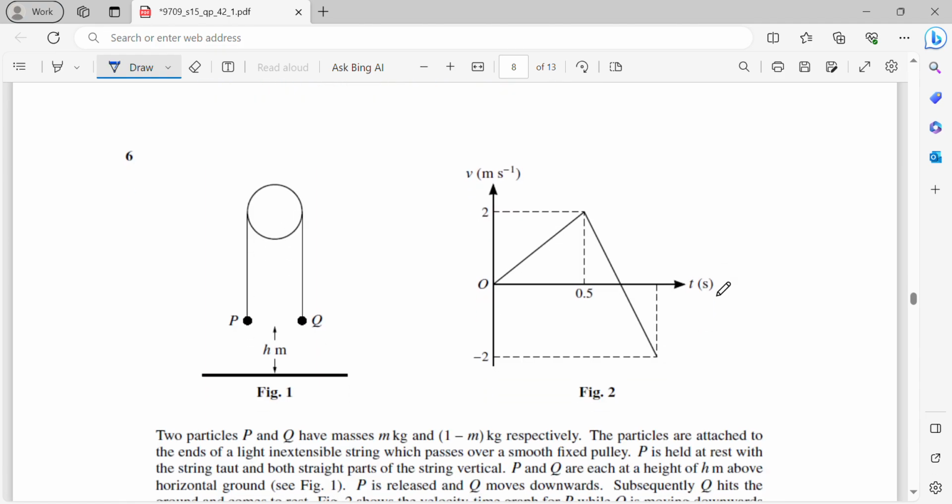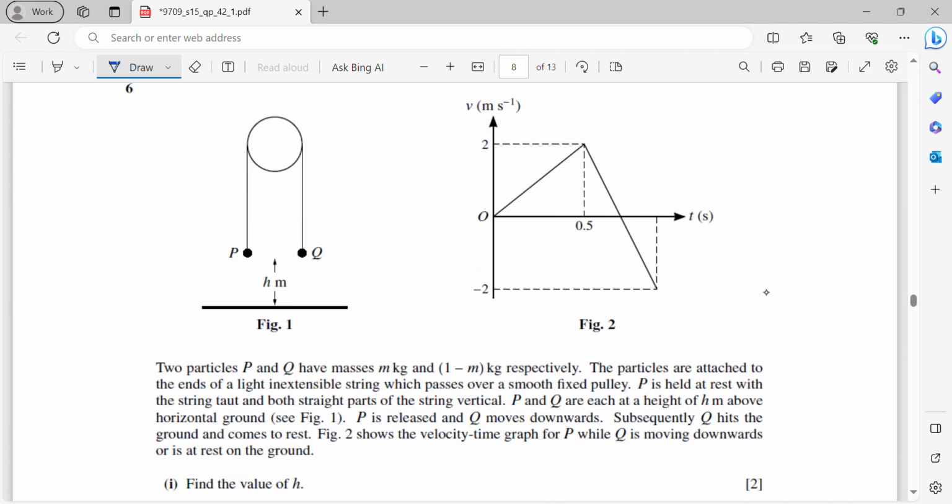Okay, now next question, number 6. You are given figures 1 and 2. Two figures here. Two particles P and Q have masses m kg and 1 minus m kg. So here it will be 1 minus m g, that is the weight, and this is going to be mg.